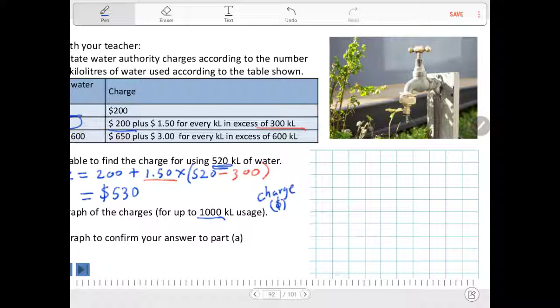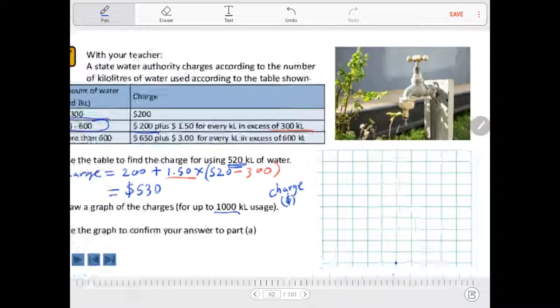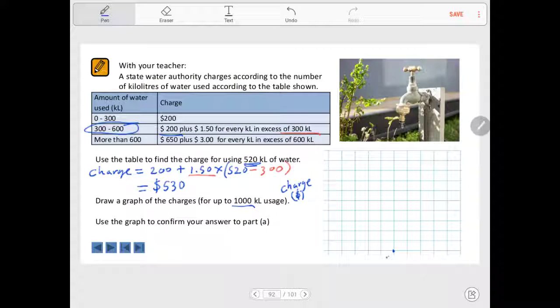So if we go up in hundreds, I think this will work pretty well. So we'll have 500 and 1,000. And I'll just put the units here, kilolitres. It's not very much room to write down there, but water in kilolitres along that axis. Charge in dollars up this way.